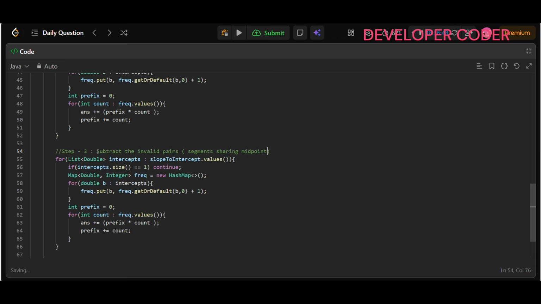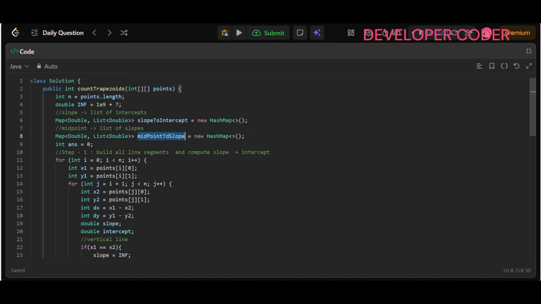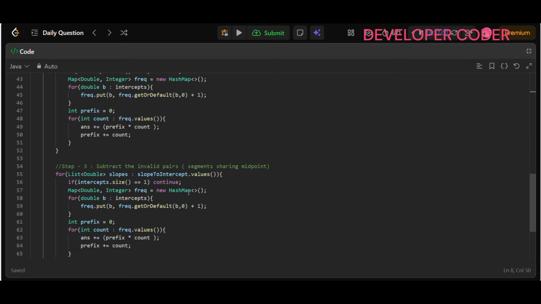So we have to now ignore this. Again do the same thing here. You have to write slopes, and for midpoint to slope we have to iterate over the values. If this slopes dot size is equal to 1, continue.